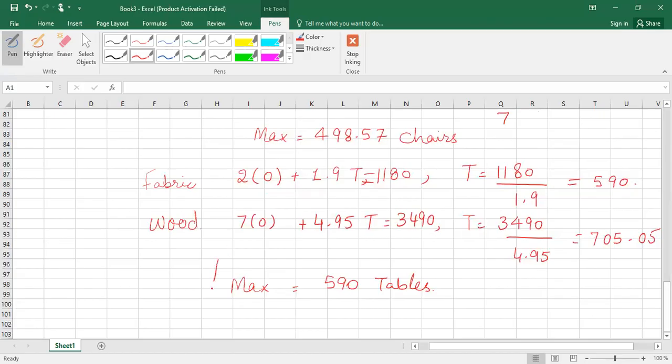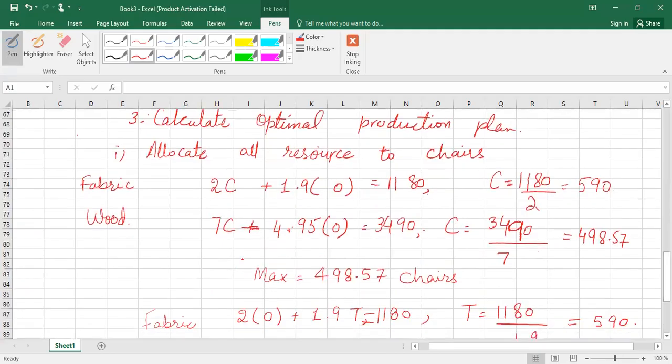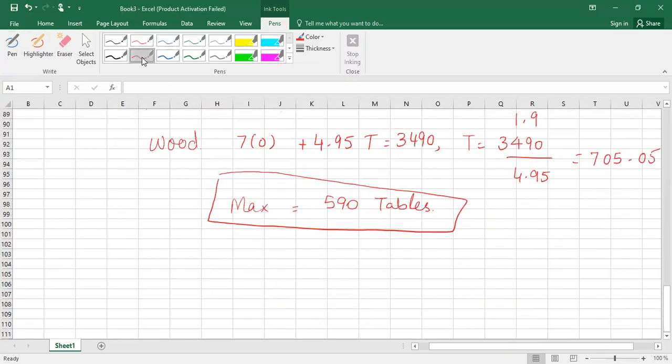But I am not sure whether here we have the maximum contribution or here we have the maximum contribution. We are not sure. We have to calculate. But now we will follow simultaneous equations. Anyone, any question?